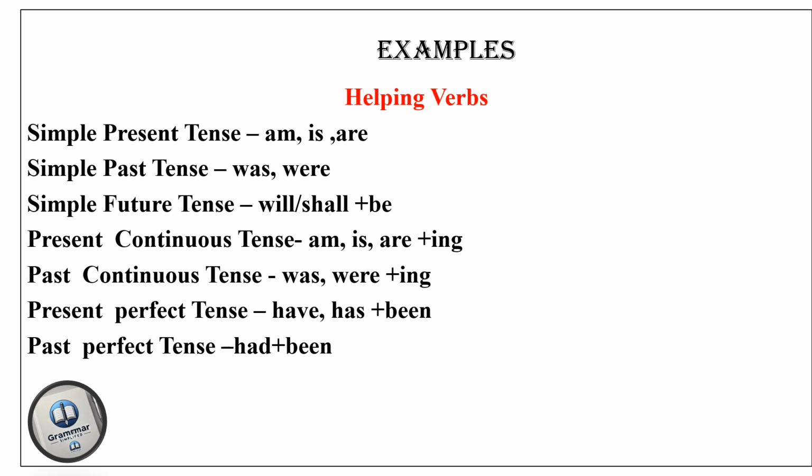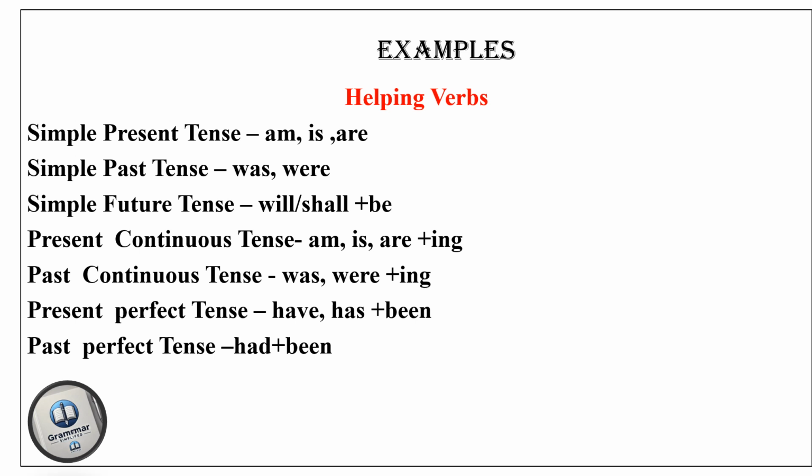You'll use am, is, are with ing. Means if the verb is singing, dancing, you are going to use being: is being, are being. Then the past continuous tense, was, were plus ing: was being, were being.